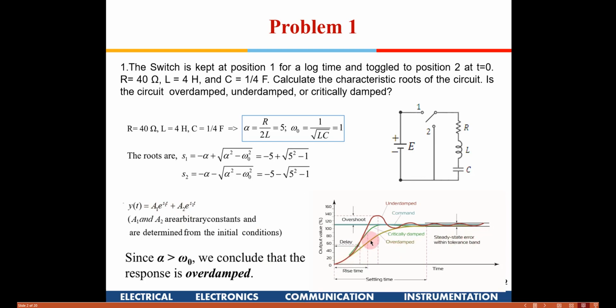There will be no oscillations because there is no imaginary part here. It will smoothly go, and eventually it will settle down to the final value. In this case the final current and voltage will be 0, because whatever is the energy will get dissipated.